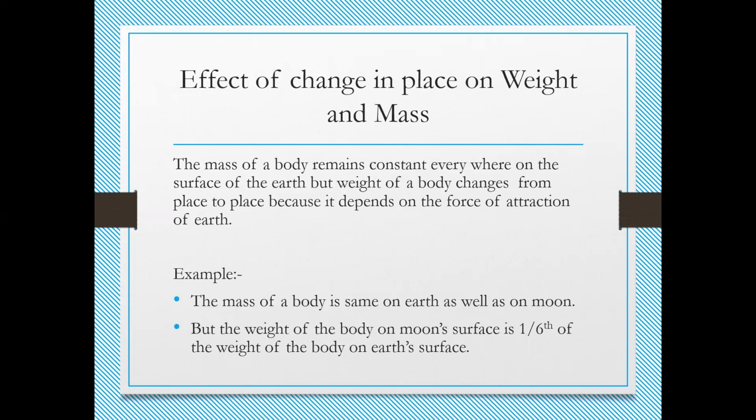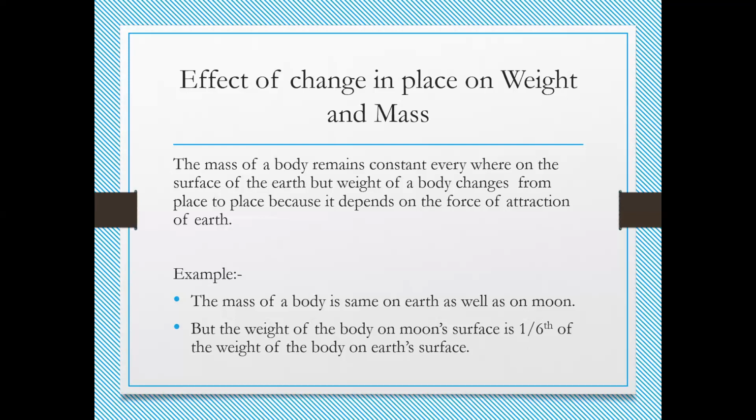For example, if I take a body of 5 kg on earth and on moon, the mass will remain the same, but on the moon it is one-sixth of the weight of the body on earth's surface. I repeat, the weight of the body on moon's surface will be one-sixth of the weight of the body on earth's surface. This is because of the change in gravitational force acting on that body.